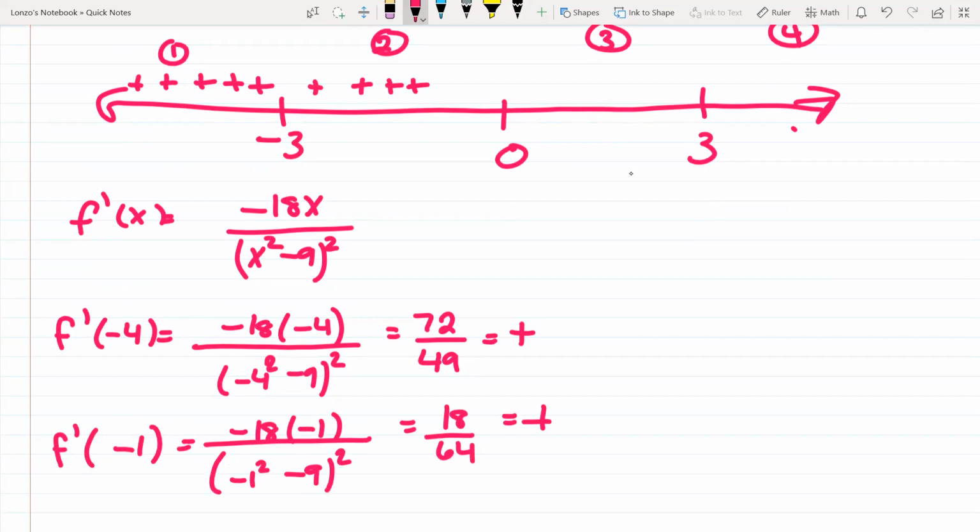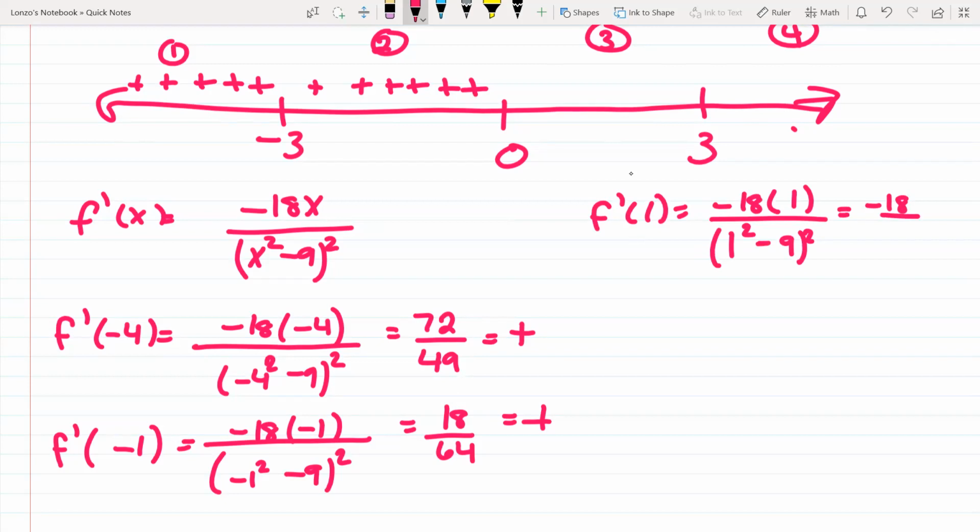Positive there. And then boundary 3, a number between 0 and 3. So we can test positive 1. So that would be negative 18 times 1. So that would be negative 18 over 64, which would be a negative.